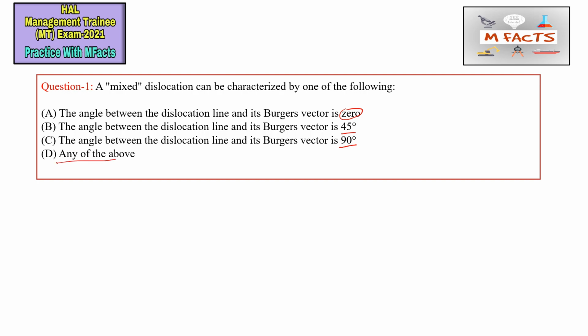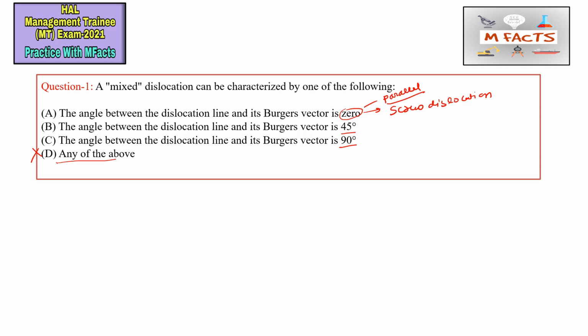Okay, so this option, that is any of the above, is not correct, because the angle between the dislocation line and its Burgers vector is 0 when this is the screw dislocation case. Also we can say that the dislocation line and Burgers vector are parallel. So if the dislocation line is parallel to the Burgers vector, then this is a screw dislocation.